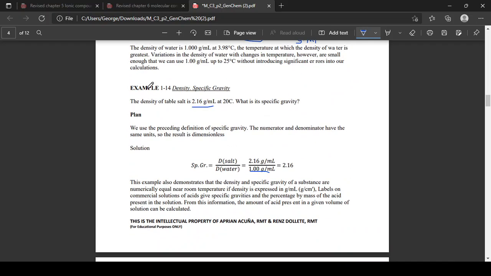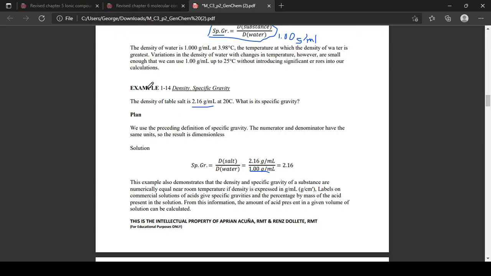Kids, in our example here, we solve for your specific gravity. The density of table salt is 2.16 grams per ml at 20 degrees Celsius. What is its specific gravity? So, ano ang ibinigay sa atin, kids? The density of your substance.